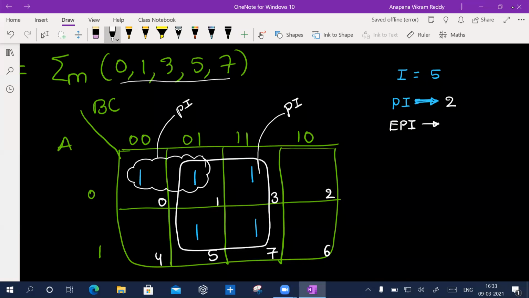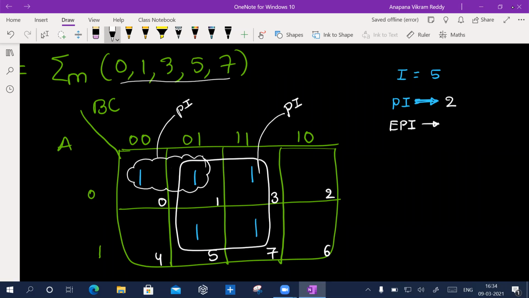Think properly and then tell me. Then that's what I'm telling you. Most of the students, most of us make a mistake here only. We don't understand that theoretical statement properly. There must be at least one of the PI which cannot be covered by any other PI.